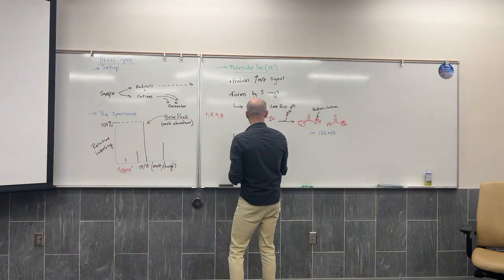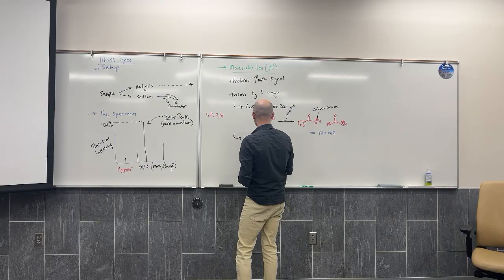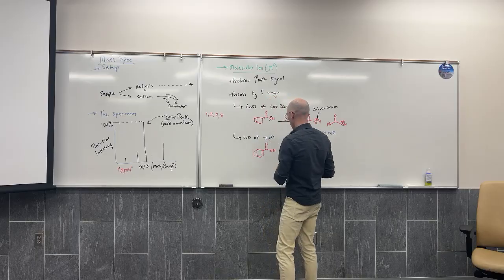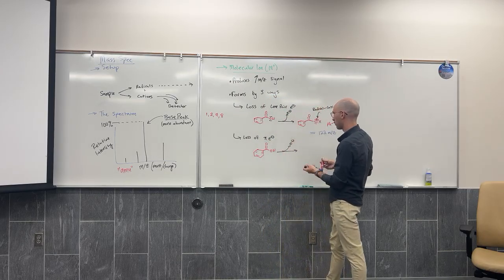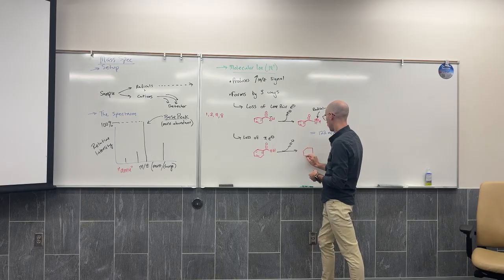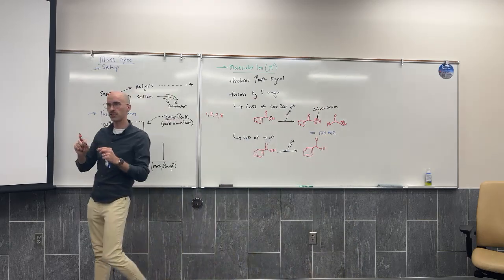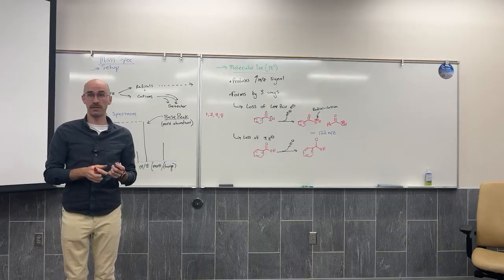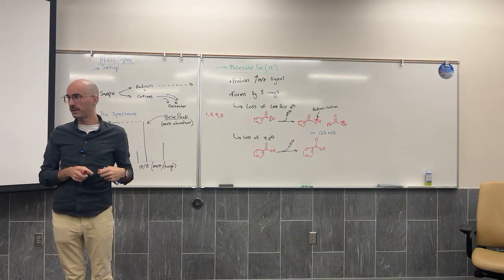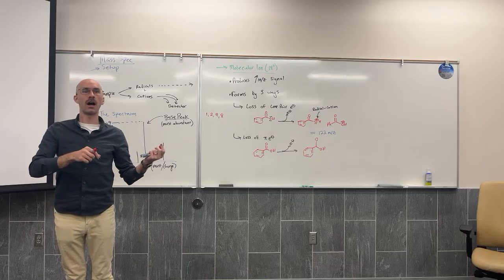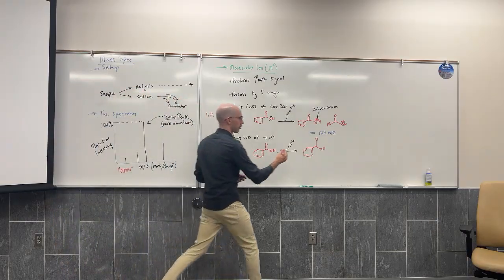I'm going to take the pi bond of the carboxylic acid, and I'm going to say that we lose one of these electrons because of the ionization chamber, the electron beam. And since my pi electrons are shared between oxygen and carbon, and one of them is being removed, where will the remaining electron be? It will be on oxygen, because oxygen is more electronegative.